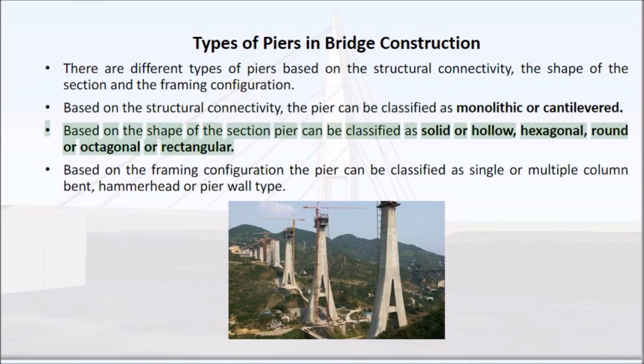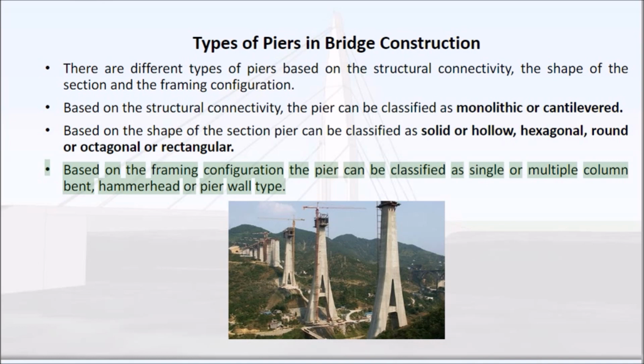Based on the shape of the section, pier can be classified as solid or hollow, hexagonal, round, octagonal or rectangular. Based on the framing configuration, the pier can be classified as single or multiple column bent, hammerhead or pier wall type.